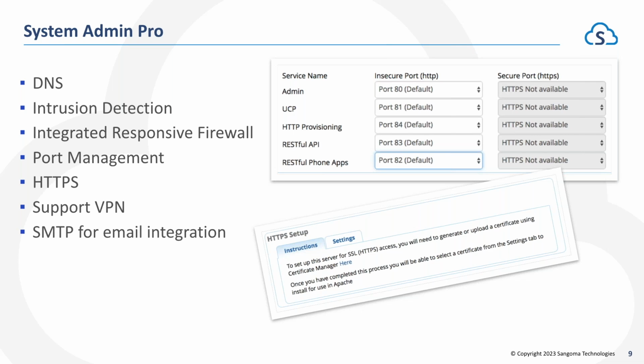So in the event that you need support from the Sangoma team, you can turn on a VPN client for us to be able to securely get into your box and help from that support standpoint. And finally, it does provide SMTP configurations for your email integration for things like voicemail to email.